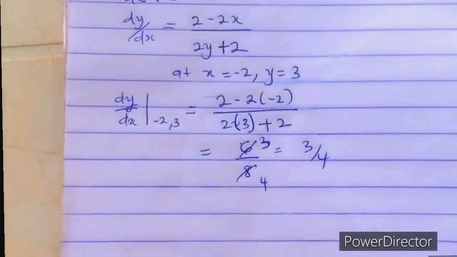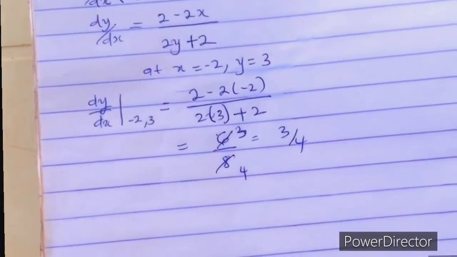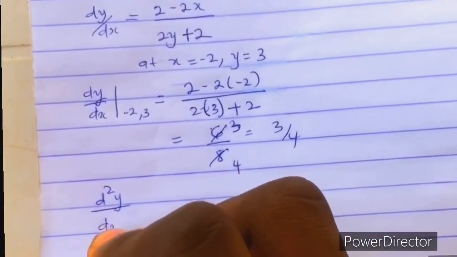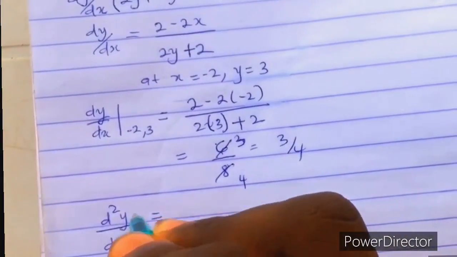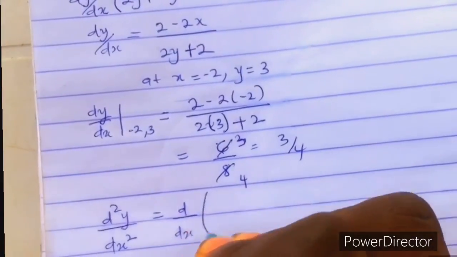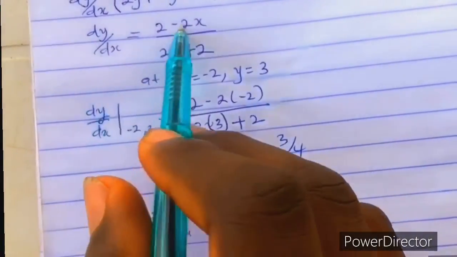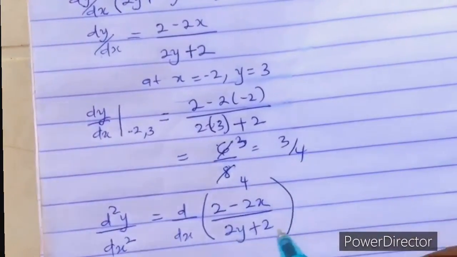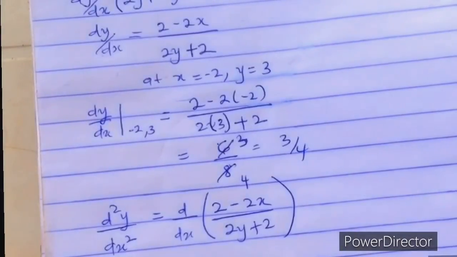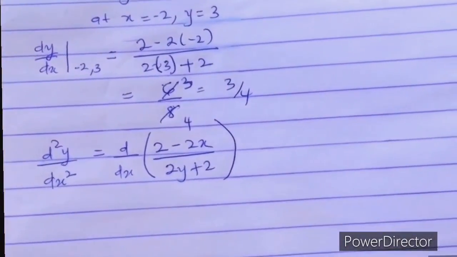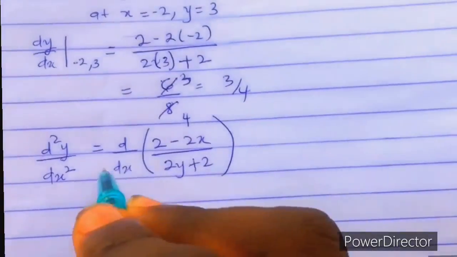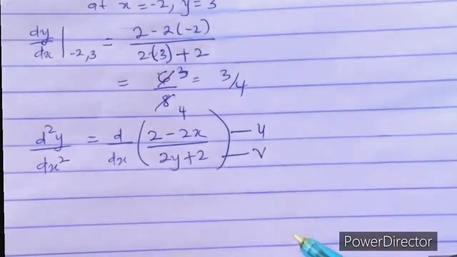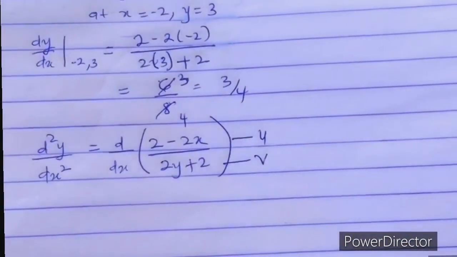Now from there we can also go forward to the second derivative, d^2y/dx^2. We need to understand that it is d/dx of my dy/dx, and my dy/dx is already 2 minus 2x all over 2y plus 2. Based on that, we are going to be differentiating it by using the quotient method.